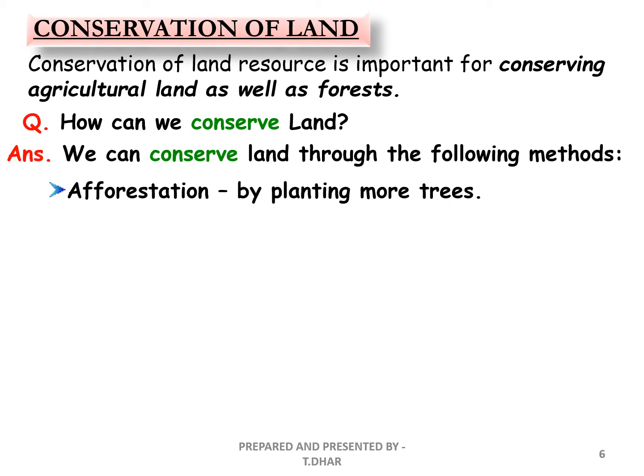What happens when we plant trees? The roots of the trees hold the soil firmly, and it makes the soil or the land porous. So when there is rainfall, the water seeps through the soil and increases the level of underground water.